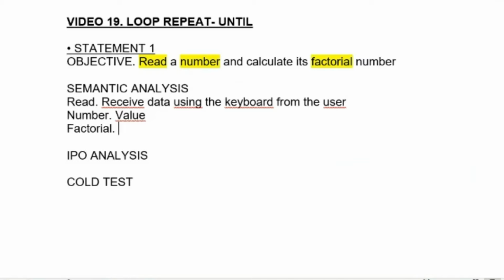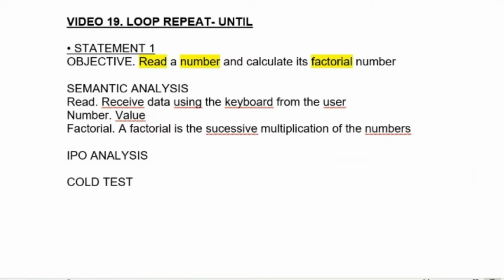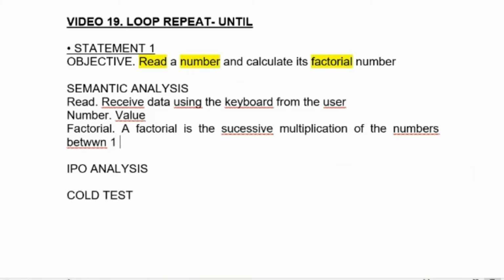Factorial, this is the key of this exercise. Factorial is a successive multiplication of the numbers between 1 and a specific number.